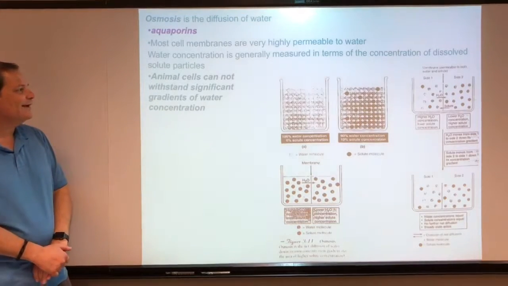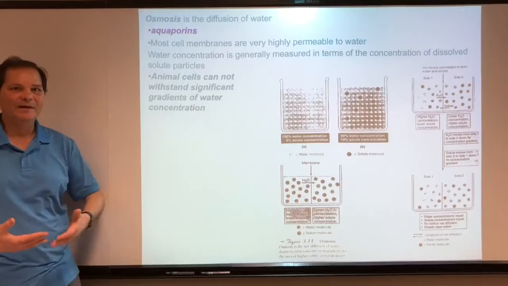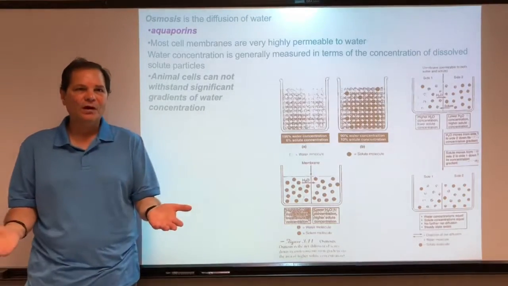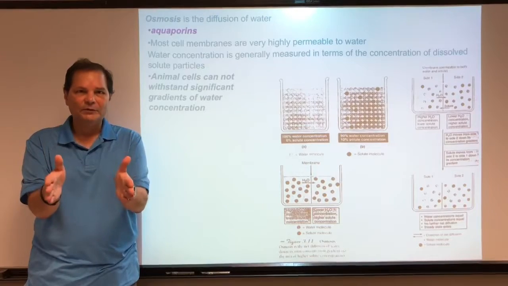Animal cells cannot stand water gradients. Water is going to flow across membranes until the concentration of water is equal on both sides.